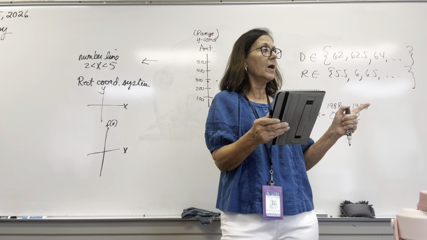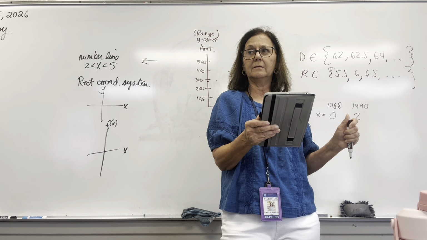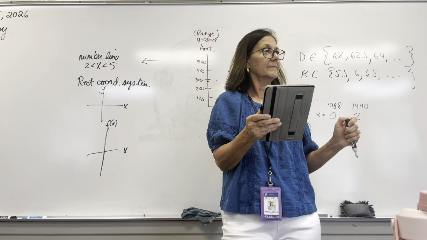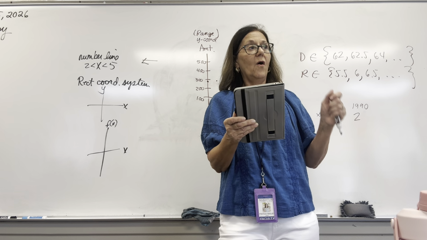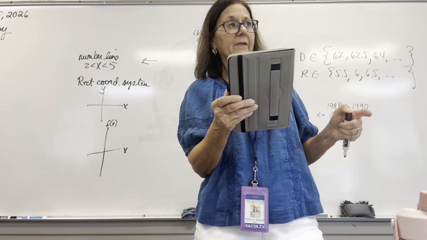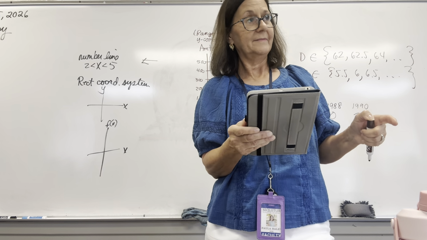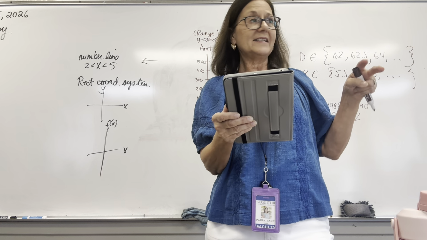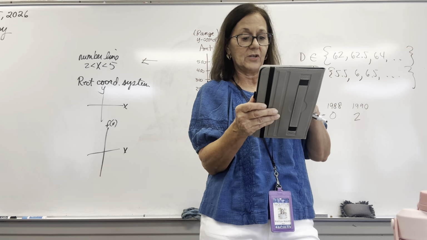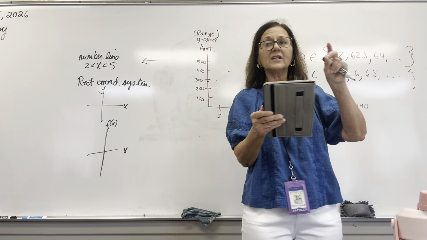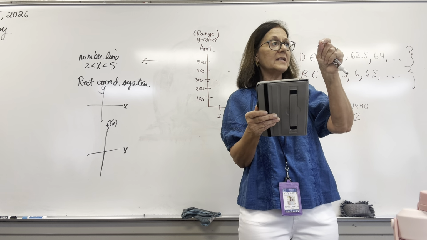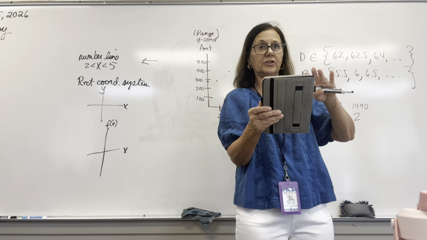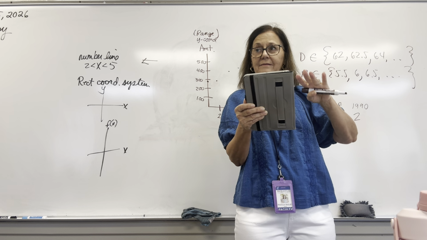Okay, does everyone agree that A is a function? Why, Peyton? Why do you not believe it's a function? Correct. X is repeated with different y values. So the x coordinate 1 cannot go with positive and negative 1 y. It's not a function. Make sense?